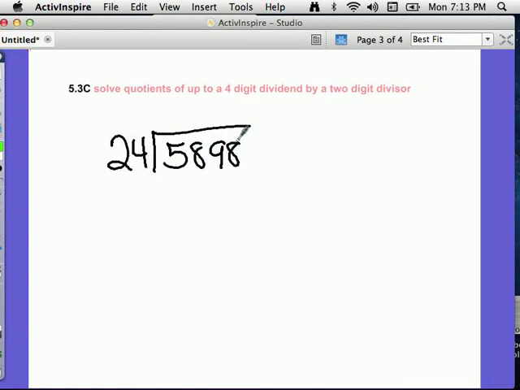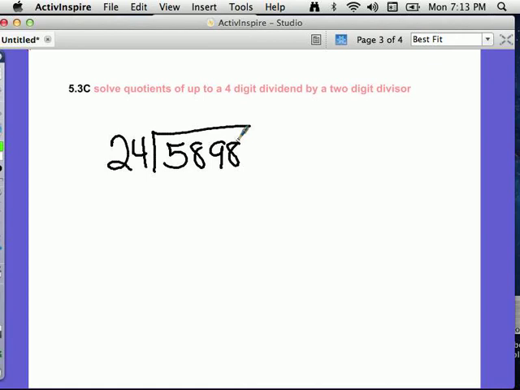Mr. Valentine, I've noticed that normally when students see this 4-digit number being divided by this 2-digit number, sometimes it can be kind of scary. Some of them are overwhelmed looking at it. It can be overwhelming. You have 24 into 5,898.